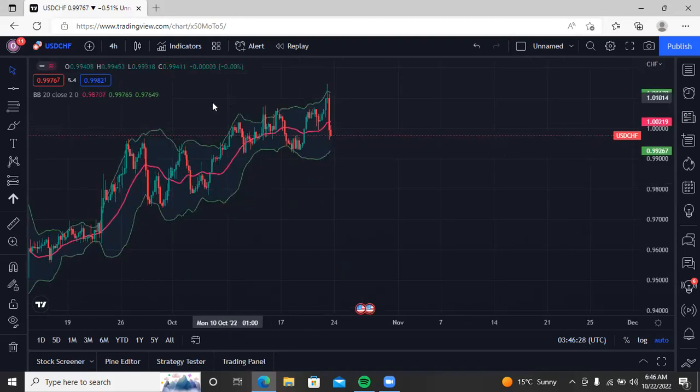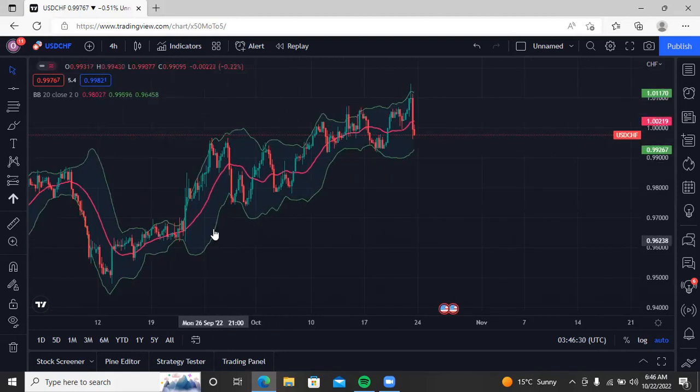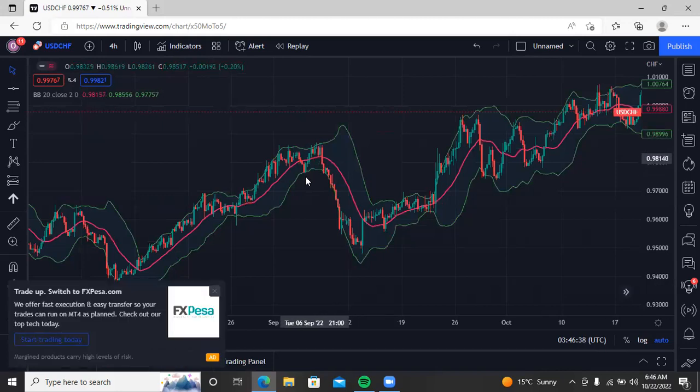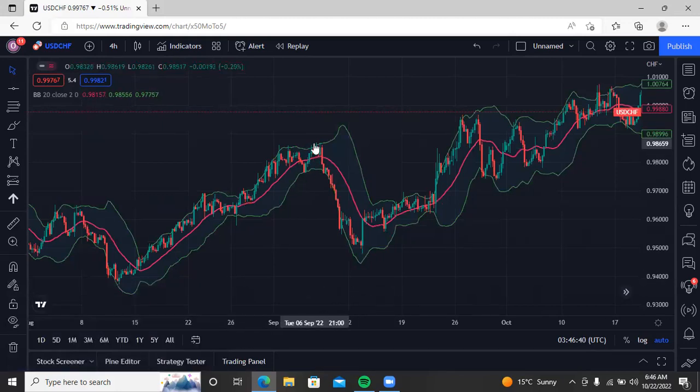Once you see these Bollinger Bands coming together, that's what we call a Bollinger Band squeeze. They are squeezing together. It's like when you are squeezing an orange in your hands.